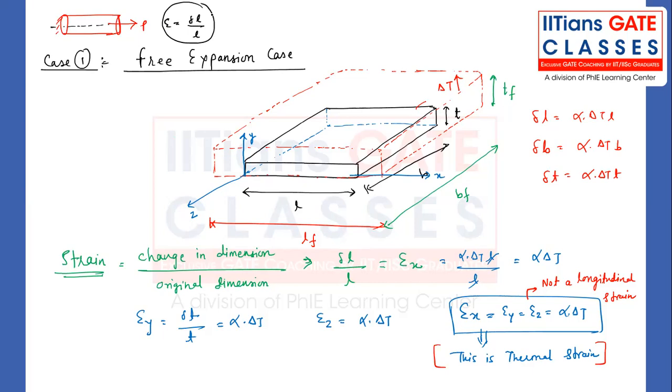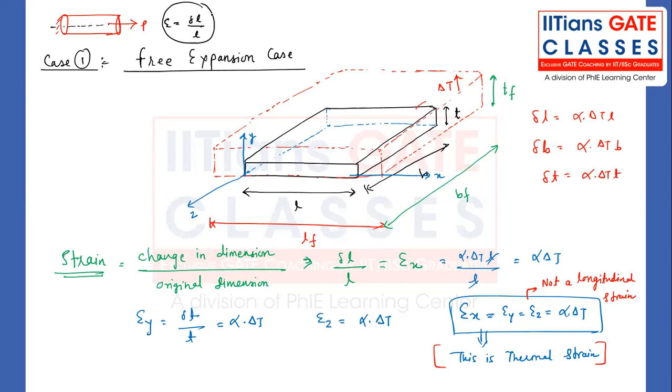Perpendicular to the load, whatever changes happen in the dimensions, we call that a lateral strain. In the case of thermal loading, there will be no such scenario as longitudinal or lateral strain. Here we will simply call it a thermal strain. First thing, just keep this in your mind.